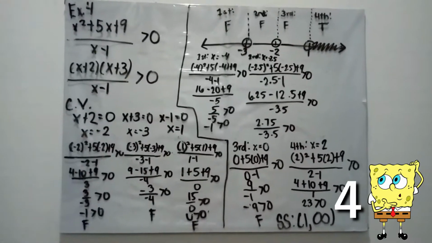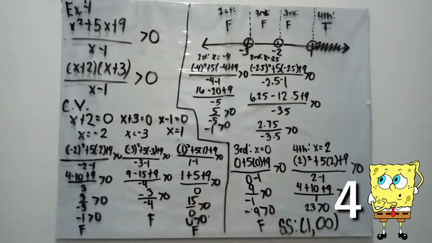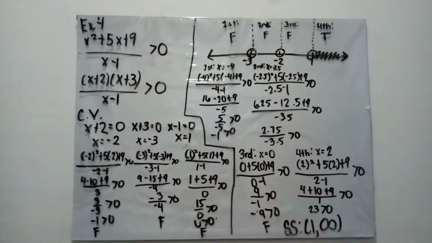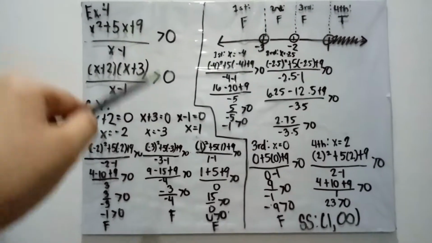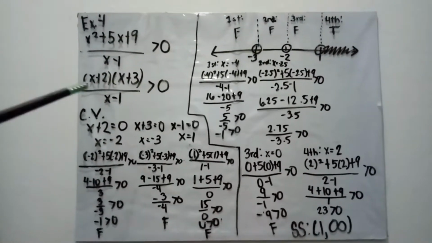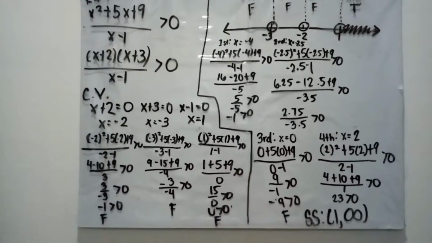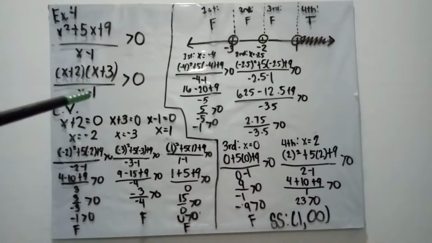Example number 4 is x squared plus 5x plus 9 over x minus 1 is greater than 0. Para makuha natin yung critical values niyan, kailangan muna natin ma-factor yung x squared plus 5x plus 9. So, yung factor niyan is x plus 2 times x plus 3. So, makukuha na natin yung critical values ng numerator at saka ng denominator.